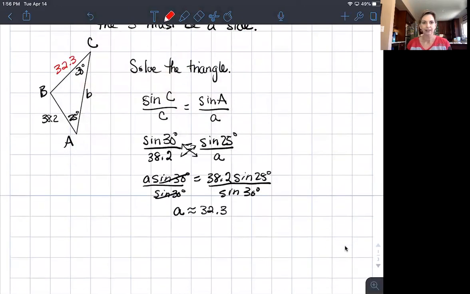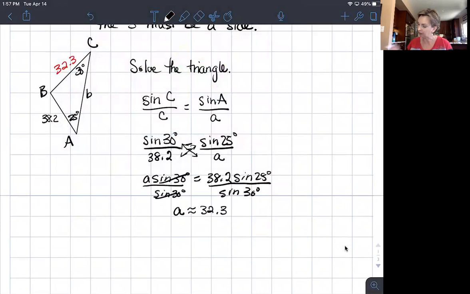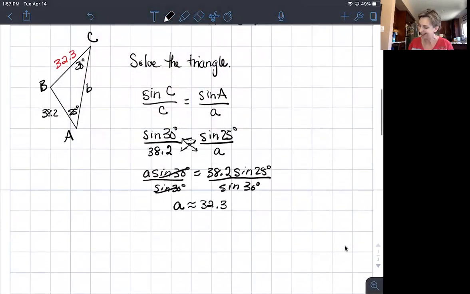Okay, there are still two things we don't know about our triangle: angle B and side B. We need to know angle B if we're going to solve for side B. Angle B we can solve because we know that a triangle adds up to 180 degrees. So angle B is going to be 180 degrees, the total for a triangle, minus 30 degrees, minus 25 degrees.